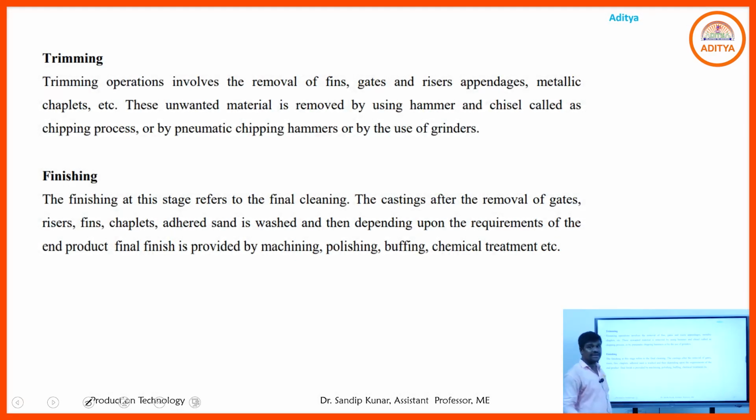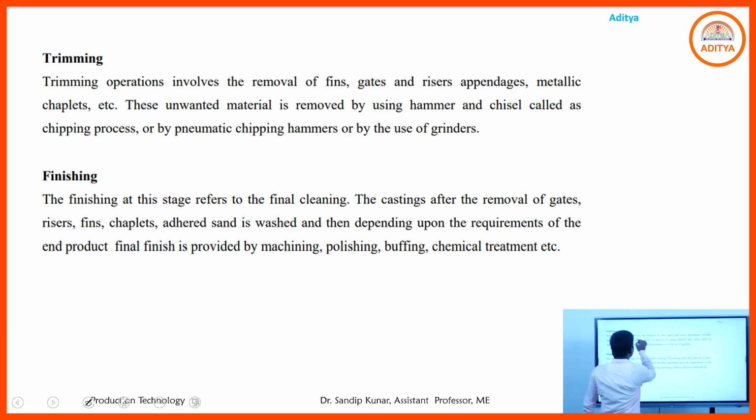What is trimming? Trimming means some unwanted extra part of that particular product is removed by the trimming operation. How will we remove it? By using some grinding operation or turning operation, means using machining operation we remove some extra part. Okay.